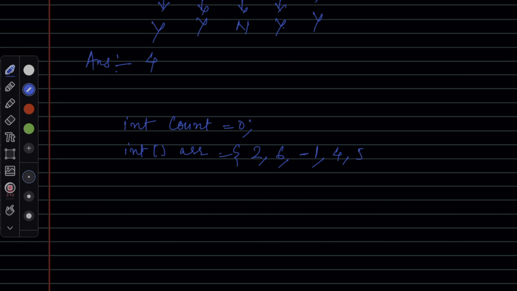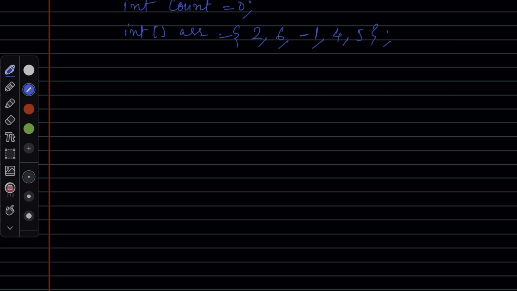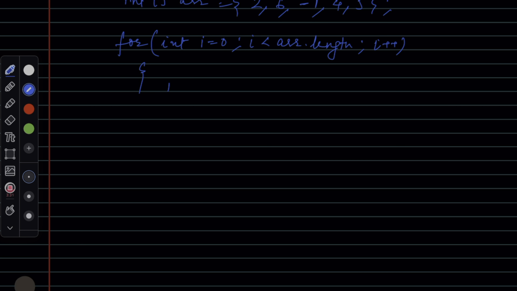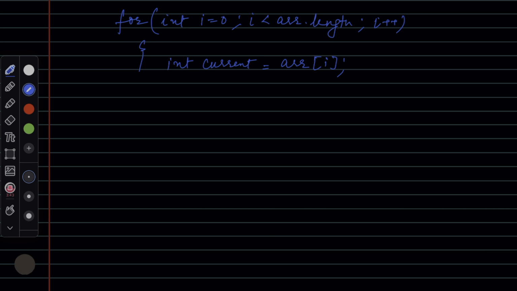Let's take this as an array, and then we will create a loop for int i equals 0, i is smaller than arr dot length, i plus plus. Then we can take another variable, int current, and set it as arr of i. This is the current selected element, and we will compare it with the other elements of the array.